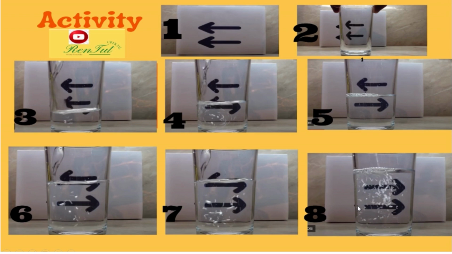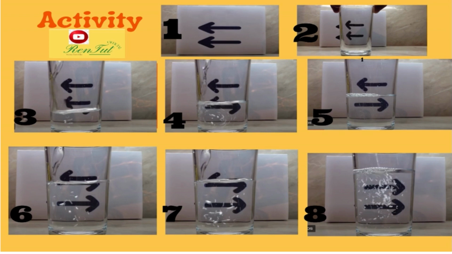Now let us take an activity. The numbers denote the tasks. The first task is to take a piece of paper, mark an arrow towards the left hand side and put it against the wall.